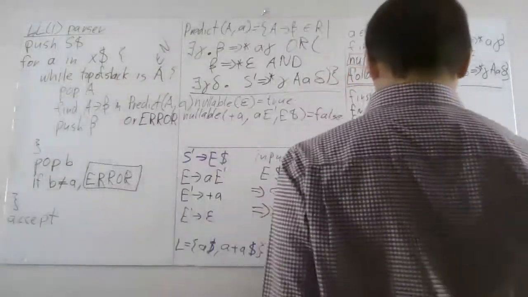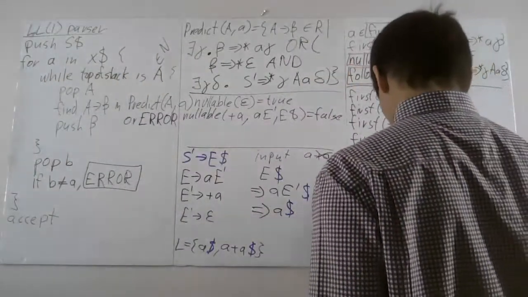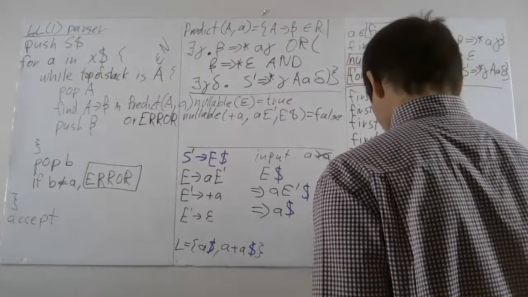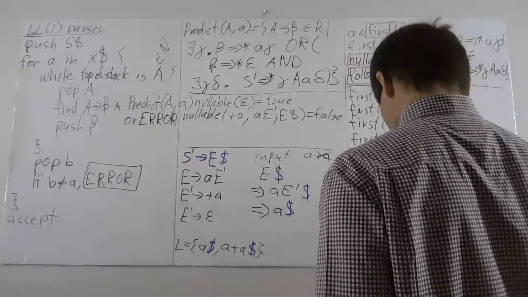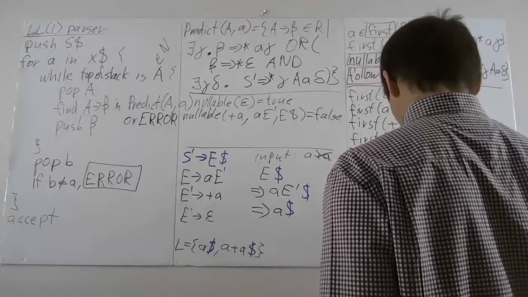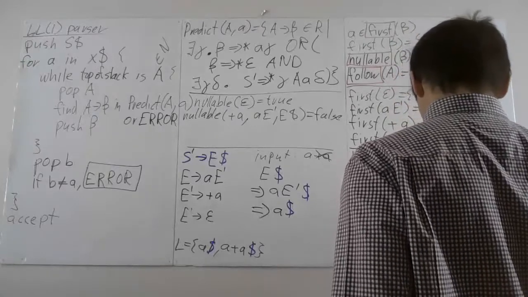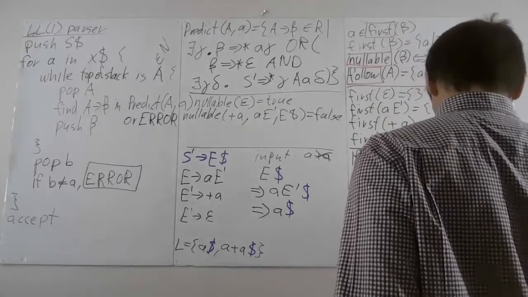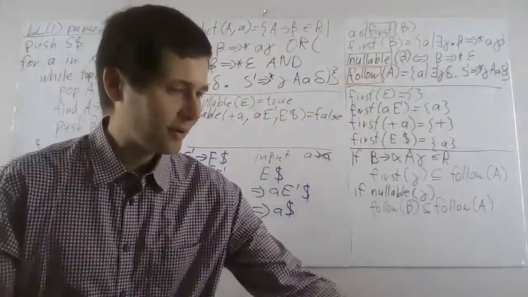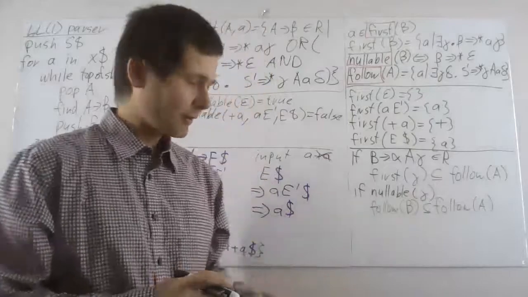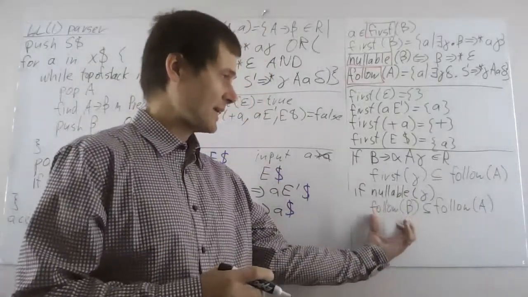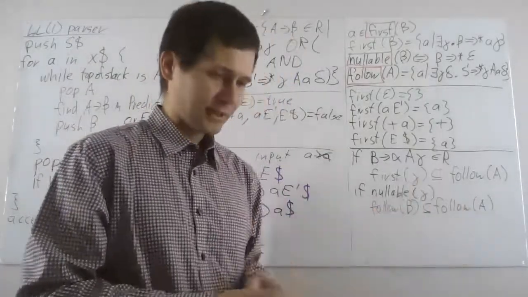So then if gamma is nullable, then I have to take the follow set of B and add that to the follow set of A. Right? So anything that can follow B can also follow A. So I just take whatever set I have for B and I add it to A.